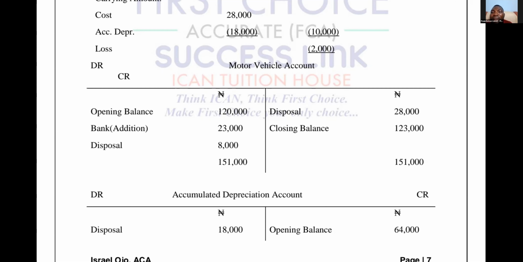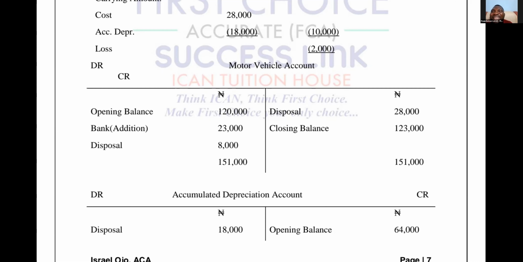Now, after you have done that, the next thing is we need to compute the value that was placed on the old asset. How do we do that? We go to the disposal account and credit it with the worth of the old car, which is 8,000.